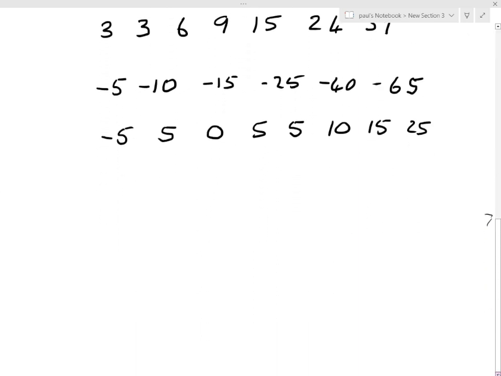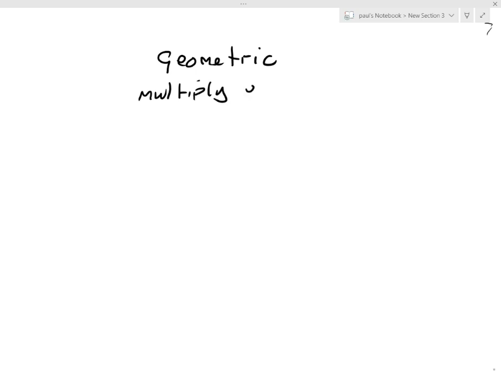Next kind of sequence is a geometric. And this is where we multiply each number by the same thing each time.